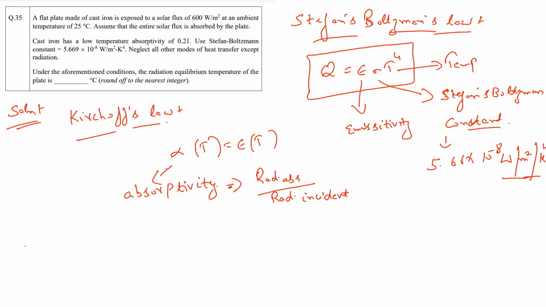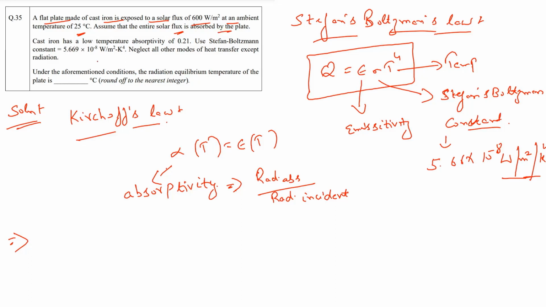Now coming to the question. We have been given a flat plate made of cast iron, exposed to a solar flux of 600 watt per meter square at an ambient temperature of 25 degrees Celsius, and assume that the entire solar flux is absorbed by the plate.